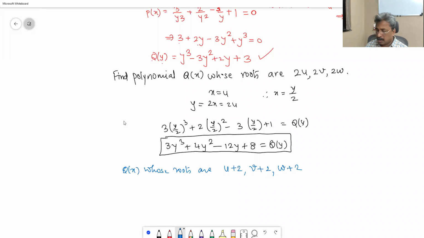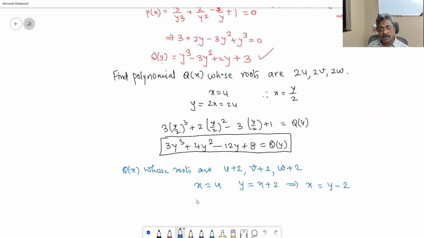Solution. So x is equal to u, y is equal to x plus 2, that is u plus 2, so x is equal to y minus 2.